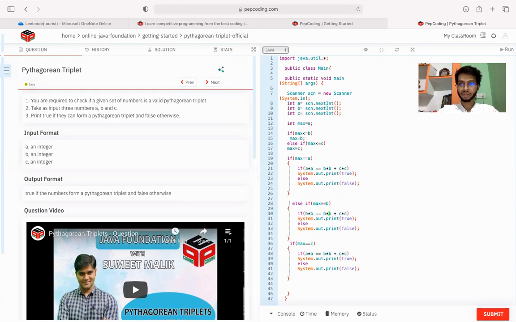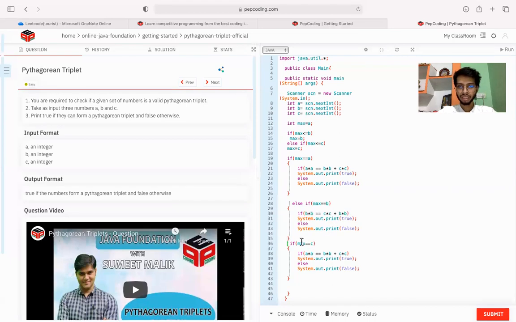So what I'm doing here is checking whether it is equal to c into c plus b into b. I'm assuming that if my max is equal to b, then b will be my hypotenuse. So the hypotenuse square must be equal to the base square plus this one.